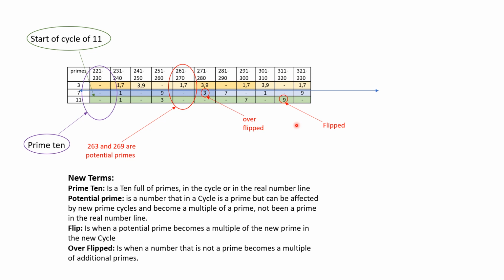So we say that it's being flipped. Overflip is here. It is when another cycle of another prime comes. In the cycle of 3, it was already flipped, but now the cycle of 7 comes, and it's overflipped, because that's repeating, and that will be important for later.